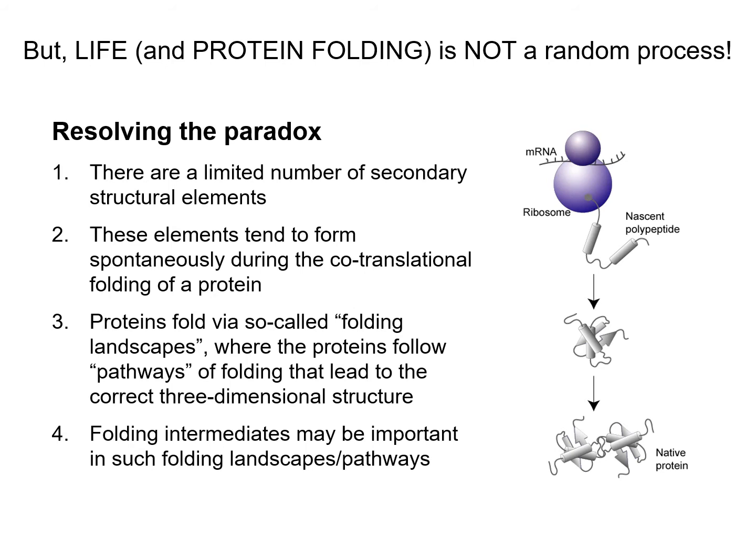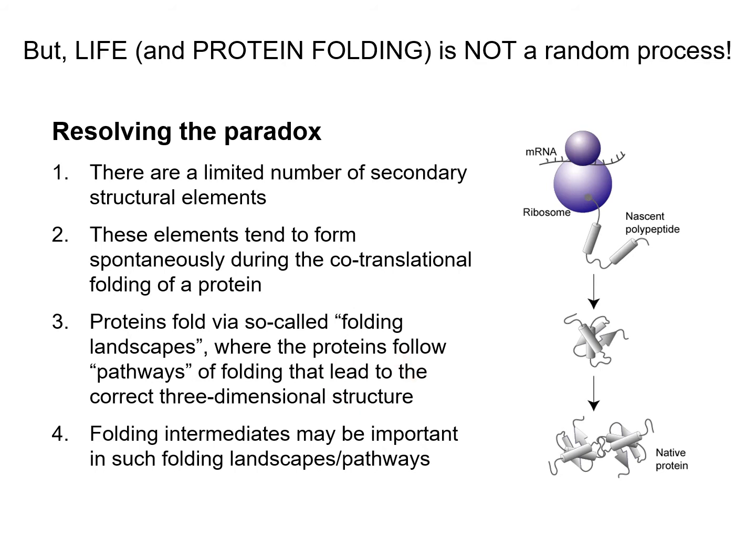And proteins fold via so-called folding landscapes, meaning that there are different steps or processes, where some parts fold first, and then in the next step the other levels fold to form the whole 3D protein structure. So the protein follows pathways or rules of folding that lead to the correct three-dimensional structure, and there are several rules for that.